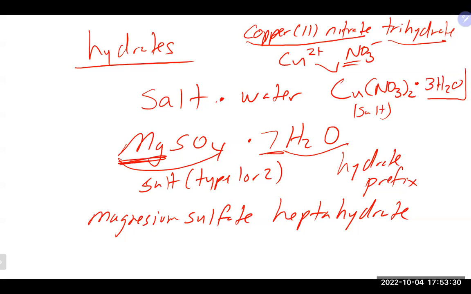So that would be the formula. So hydrates are not too bad. Basically a type 1 or type 2 for the salt part, and prefix and hydrate for the water part. Any questions on hydrates? Any questions on any of the naming that we talked about here?